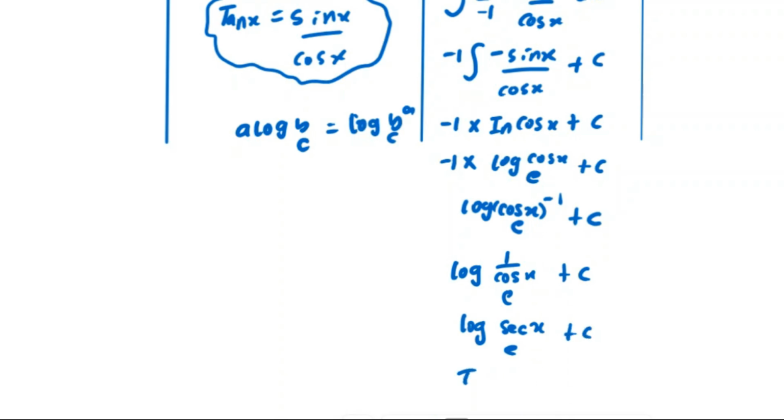And this can finally be left as ln sec x plus arbitrary constant c. So you can decide to leave it as the previous step, or you can decide to solve it further. But in any way you try to do that, you must consider what you're actually doing so that you don't make a mistake.